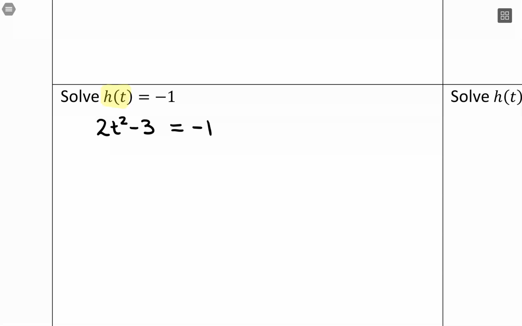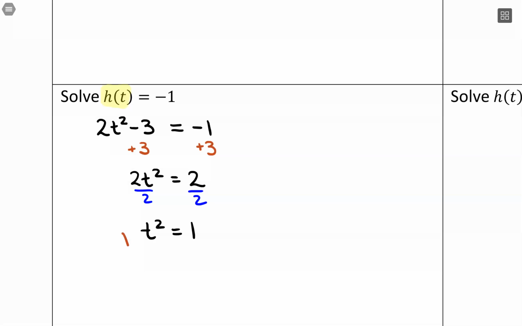Now this is a case where I only have t coming in as a squared value. So what we can do is use the square root property. So what I'm going to do is isolate that t squared value. I'm going to add 3 to both sides. So I'll have 2t squared equals 2. Divide 2 from both sides, so t squared equals 1.